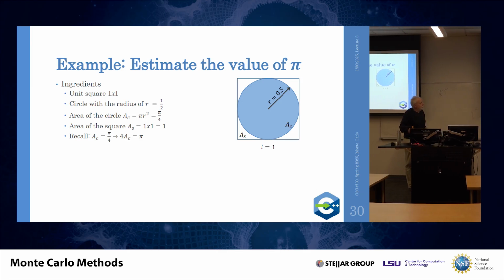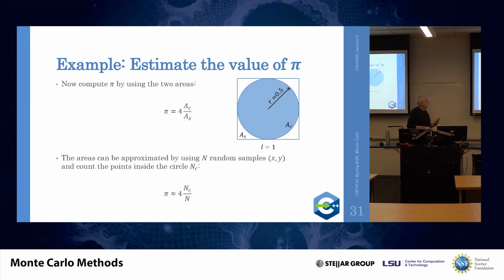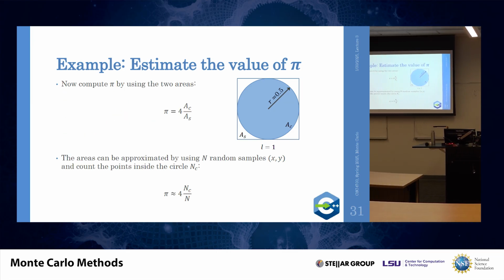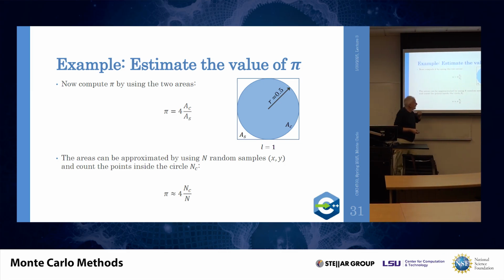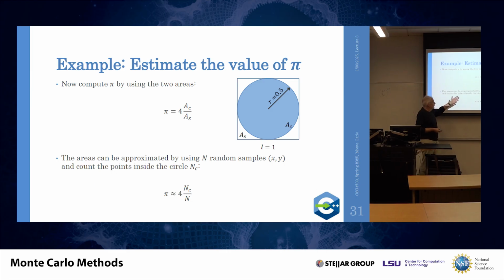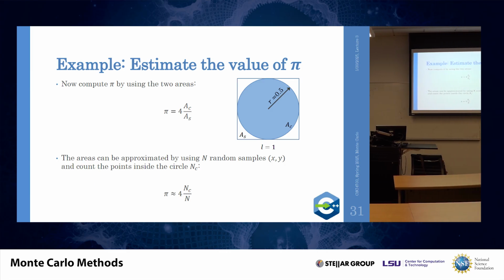So pi is 4 times the ratio of these two. And we say we can approximate pi by using n random samples, counting the points inside the circle, and multiplying that by 4, and we get roughly pi.